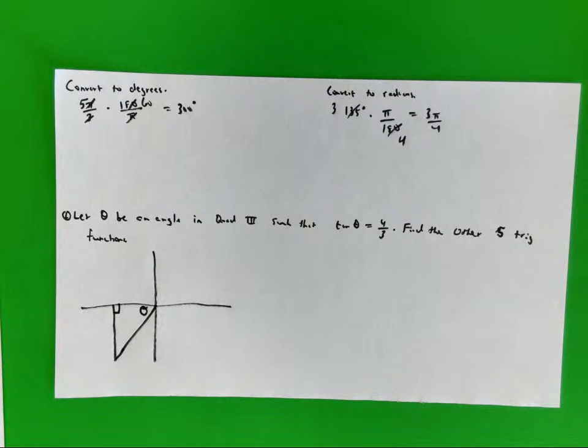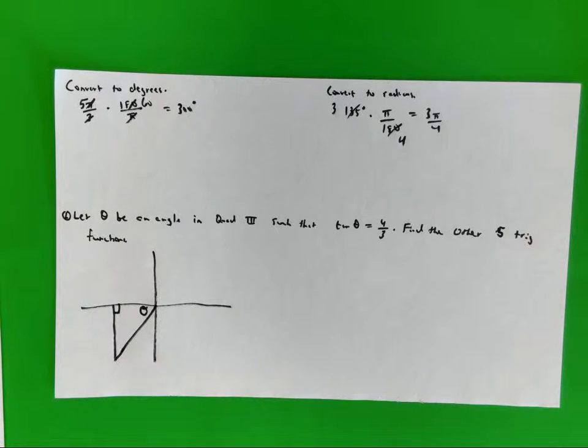Now, what is tangent defined as in a right triangle? Opposite over adjacent. So where would I put the 4? Right here, wouldn't I? But this is where it's tricky. It's in quad what? 3. They're both what? Negative. But you see, it looks like positive. But isn't a negative divided by a negative positive? So you got to think of what quadrant, both your x component and your y component.